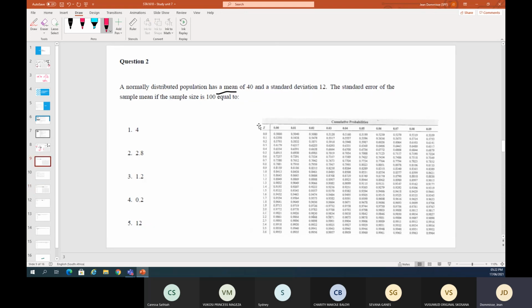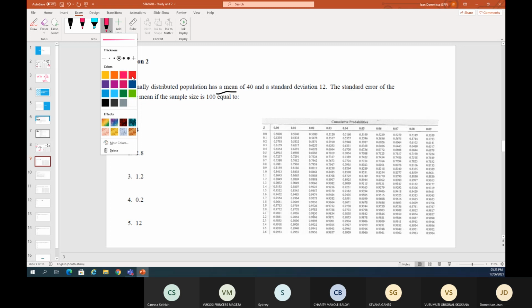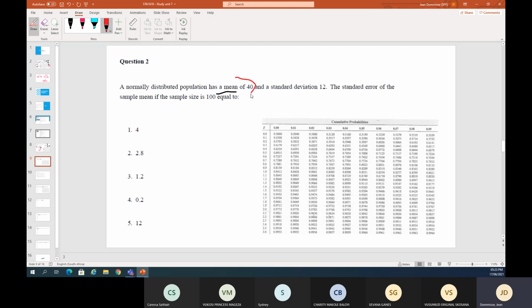Okay, so the next question. A normally distributed population has a mean of 40, standard deviation of 12, sample size of 100. Okay, but what do we need to get? We need to get the standard error.